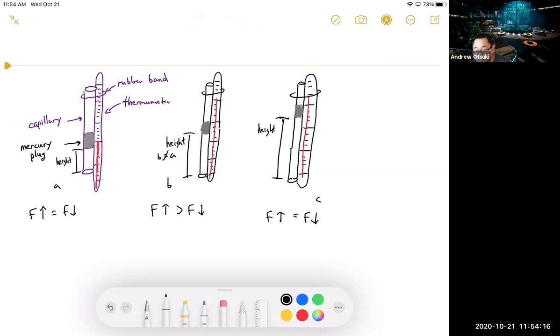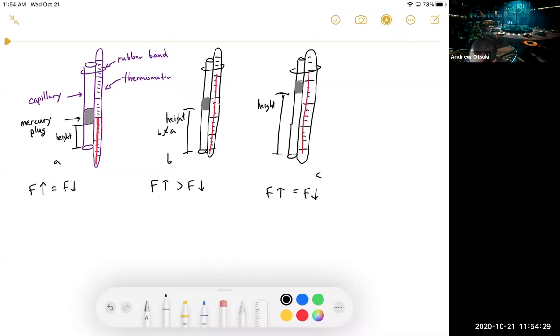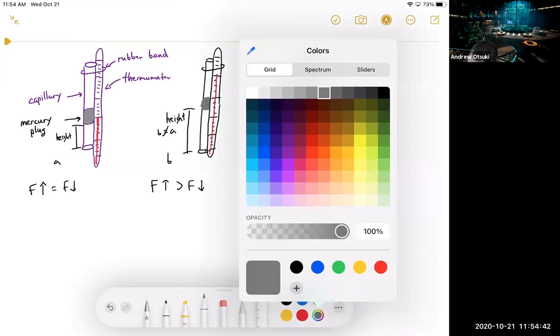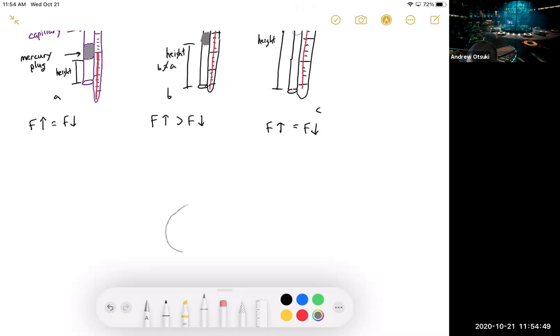So a good representation of what's happening on the plug is this. Say I'm looking at the blue areas above and below the plug.